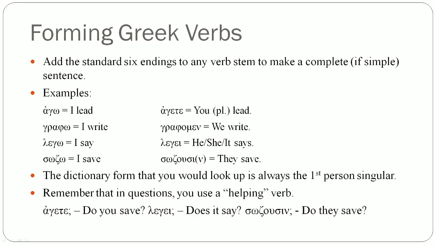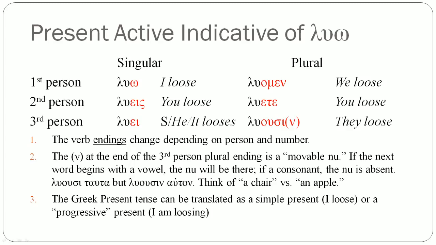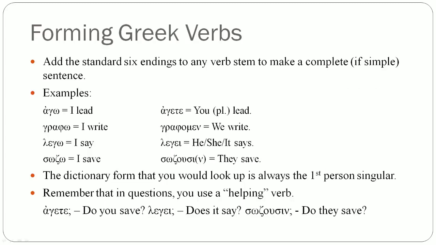If we change it to say agete, epsilon, tau, epsilon now is the ending. If you look back here, epsilon, tau, epsilon is the second person plural. So agete means you plural, or y'all lead. Ago, I lead. Agete, you plural lead.